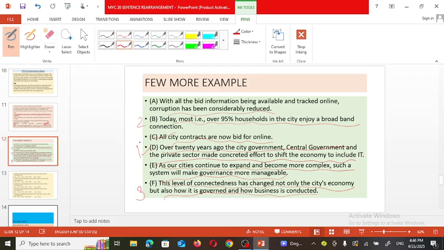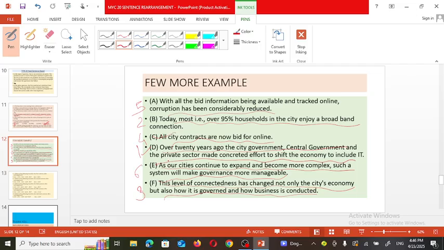After that it can have connection with this statement C. All city contracts are now bid for online. After that option A will be at the fifth place, where you are able to see with all the bid information being available and tracked online, corruption has been considerably reduced.